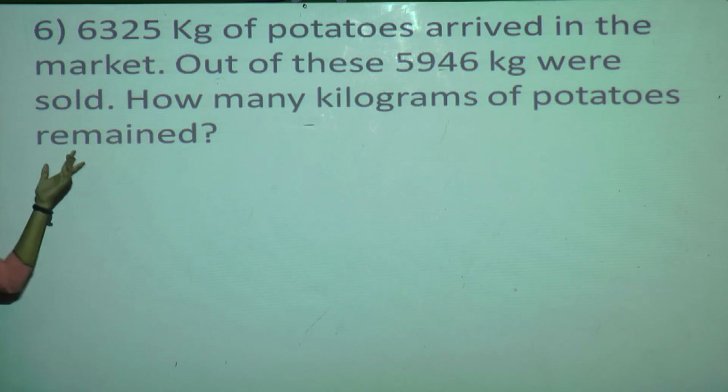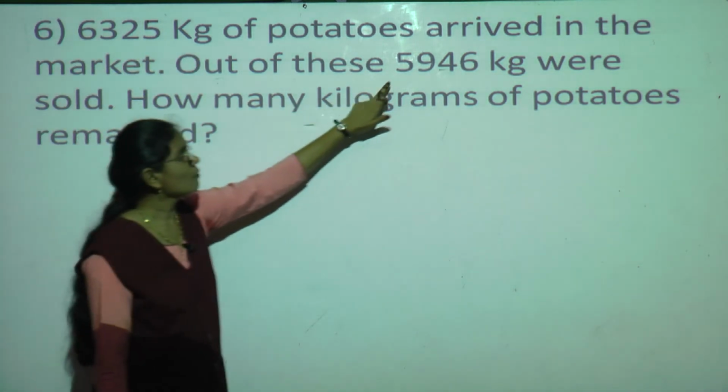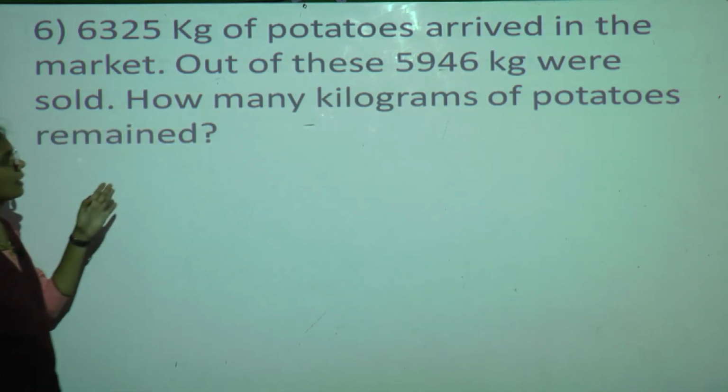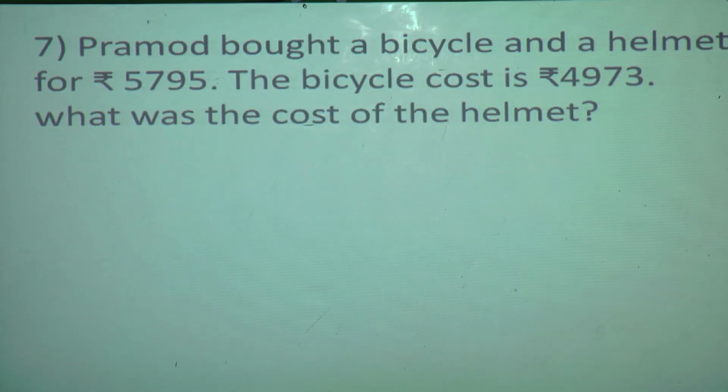Okay. So what you have to do? Just 6,325 minus 5,946. If you will do, then you will get the answer. What is the answer? Do the subtraction and find out the answer and write in your notebook. Okay. Then see the next one, seventh.